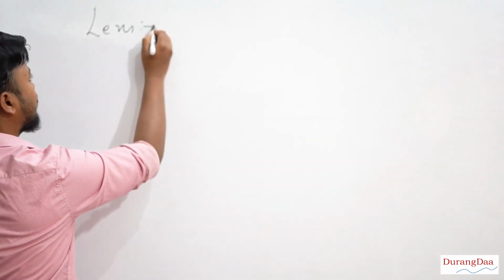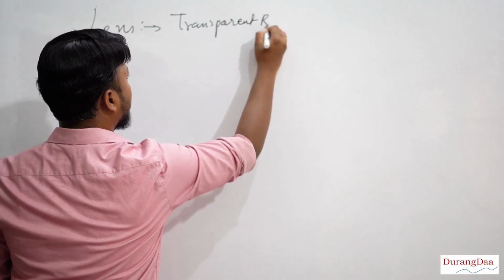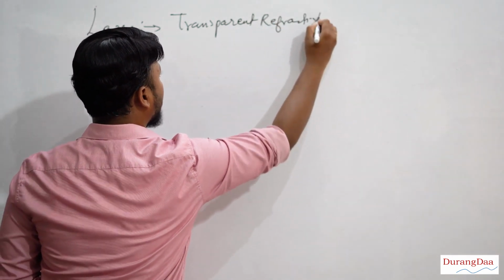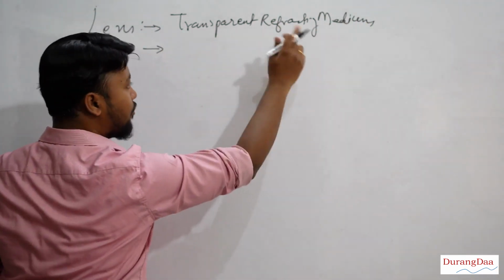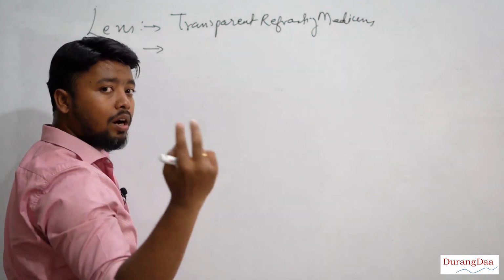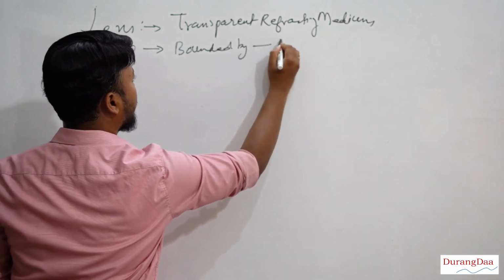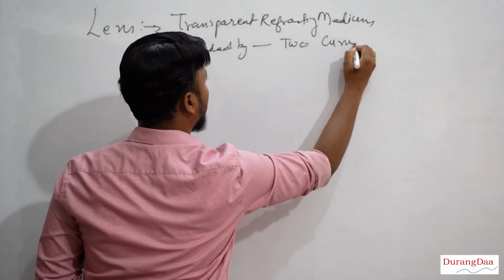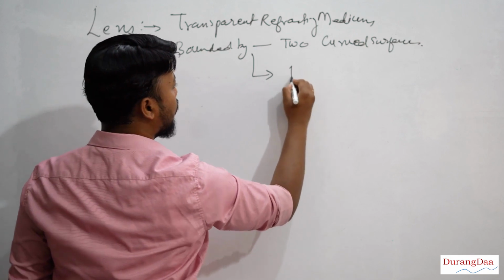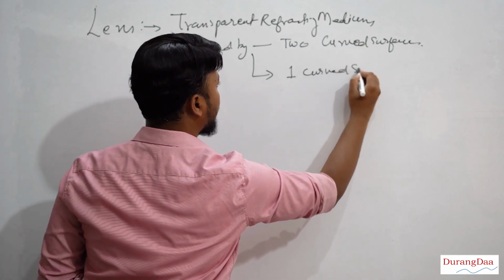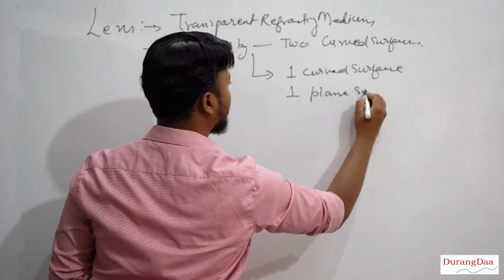See what it says. A lens, first of all, is a transparent refracting medium, that is the first part, and that transparent refractive medium is bounded by two curved surfaces, or it can be bounded by one curved surface and one plane surface.